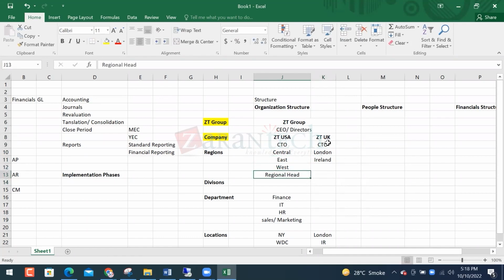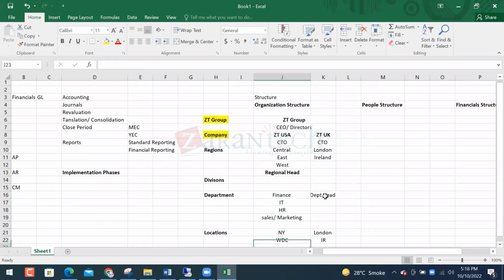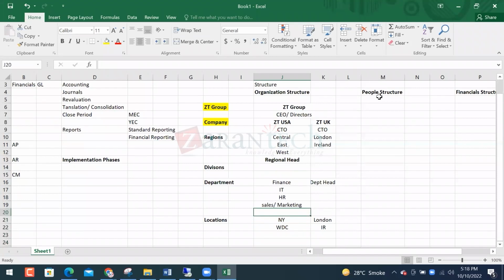This is one regional head. Then we have a department head. If I have four departments, I would say that we have a department head as well: the respective finance head, IT head, HR head, and so on. So these are my people structure. So they go side by side.